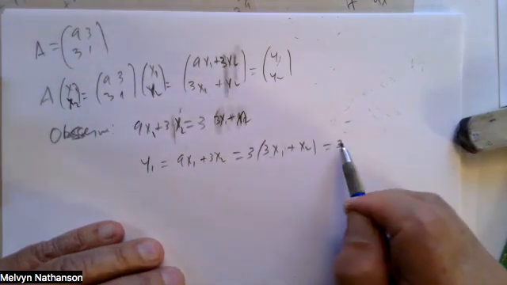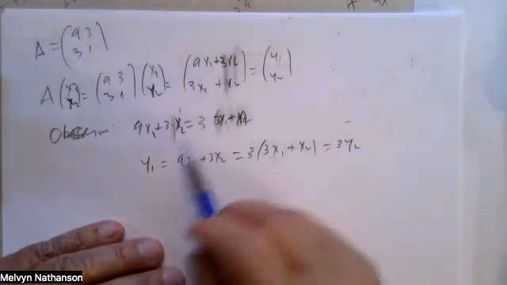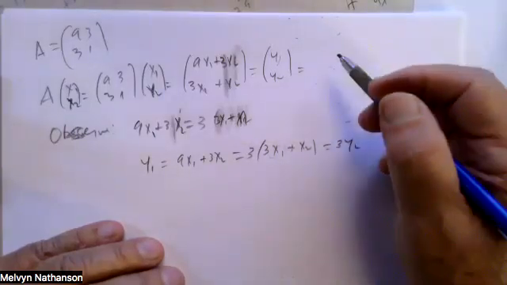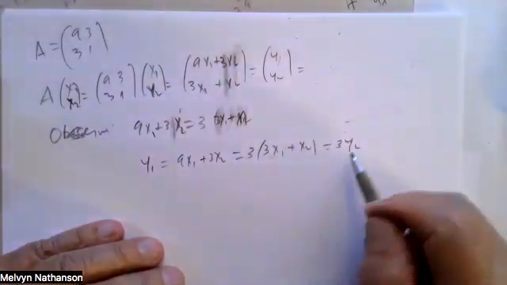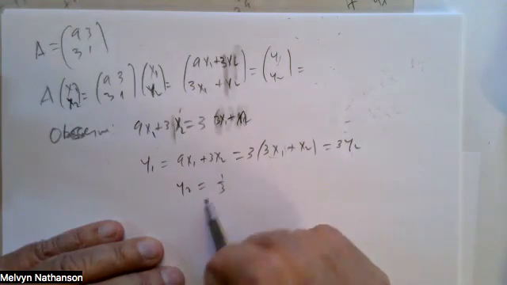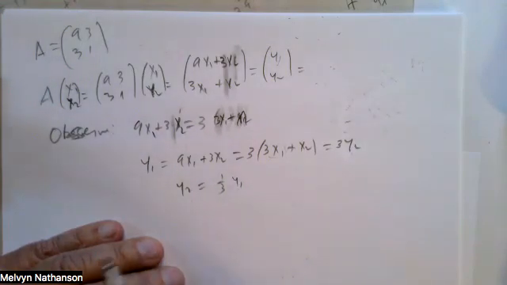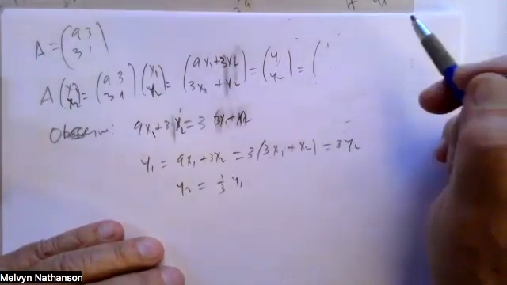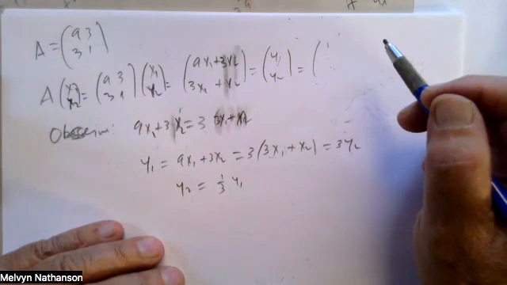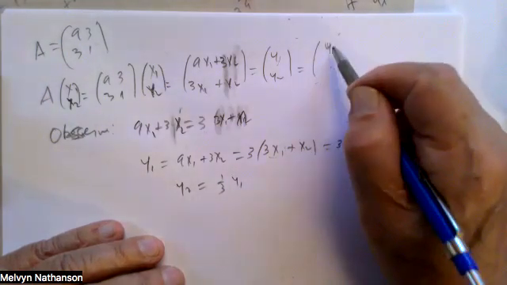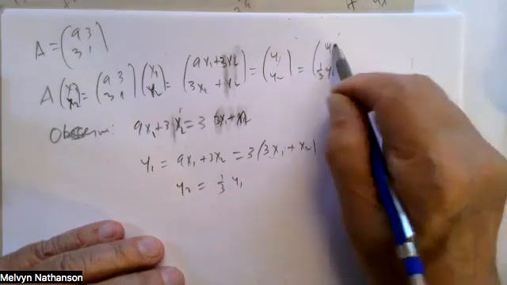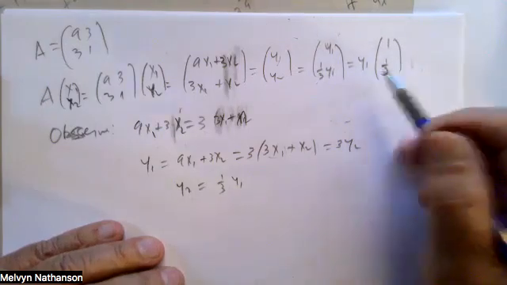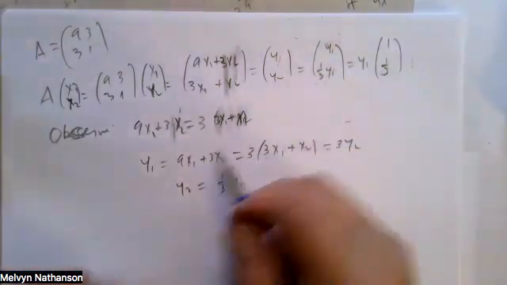And this is 3y2. So this is all vectors where y1 is 3y2, or y2, if you like, is a third y1. So this is y1, a third y1, or y1 times 1, a third. So this is the image.